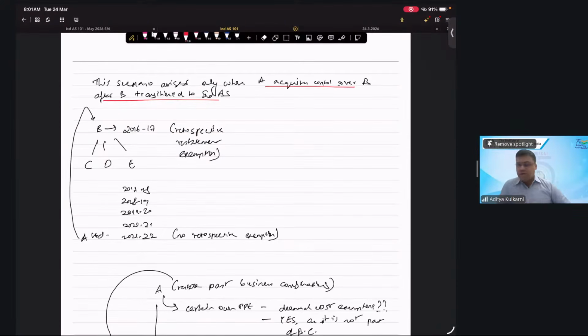But suppose Ind AS 101 is not there and you are transitioning. What would you tell? Retrospectively, we have to apply all. Go back in time, one by one, whatever acquisition you have done, find out the fair value of assets, fair value of liability, fair value of consideration, contingent consideration, deferred consideration.